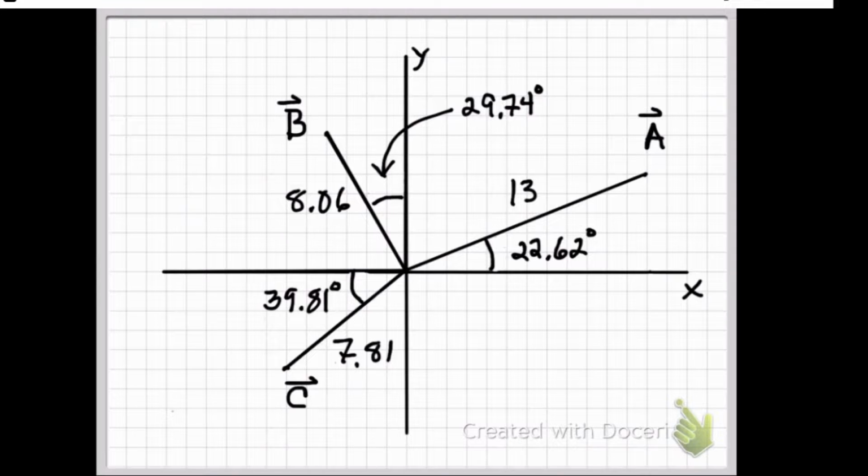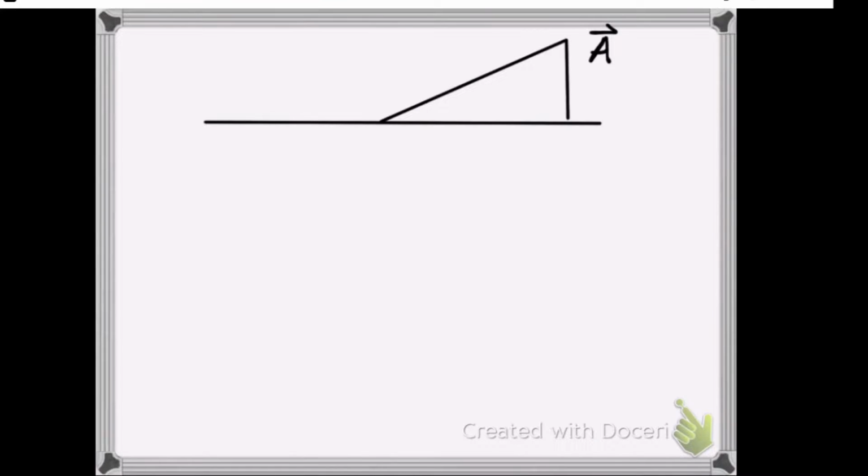So now on the next page, what we're going to do is break down vector A into two components. So vector A makes an angle with the x-axis, and it looks like this. So that's going to be our vector A. And we're going to look at this as if it makes a right triangle.